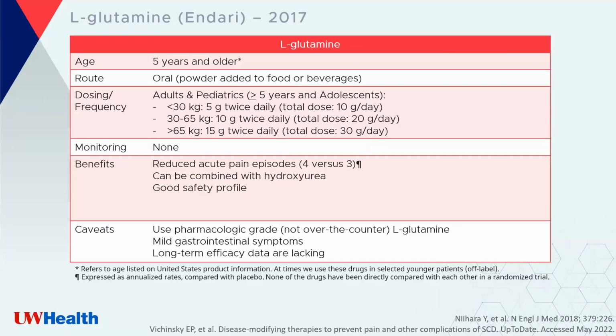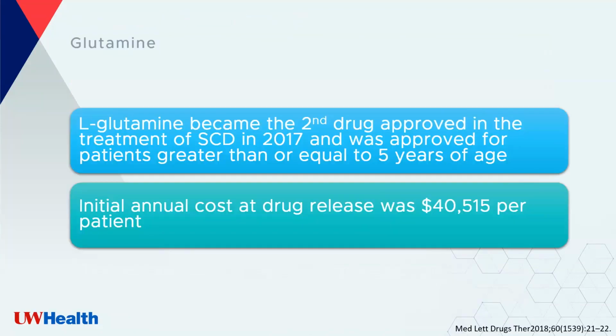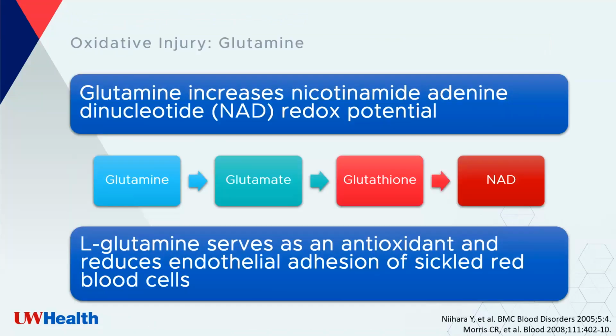And then also monitoring the GI symptoms as well for patients who are treated with L-glutamine. I mentioned this is the second FDA approved drug, which was in 2017, and it also comes with a pretty hefty price as initial cost at drug release was $40,515 per patient, something to consider.